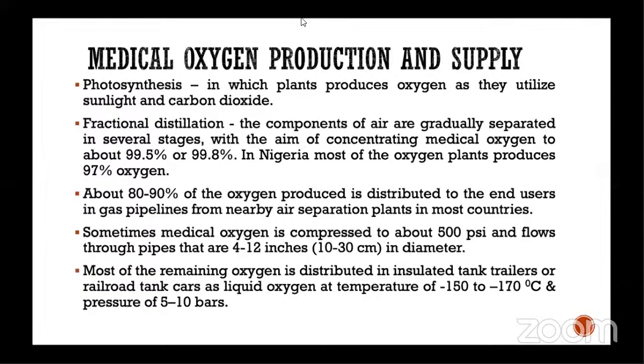Sometimes oxygen is also delivered to the end user through insulated tank trailers or rail tankers in the form of liquefied oxygen. For it to be done in this manner, it needs to be stored at minus 150 to minus 170 degrees centigrade at a pressure of 5 to 10 bars.